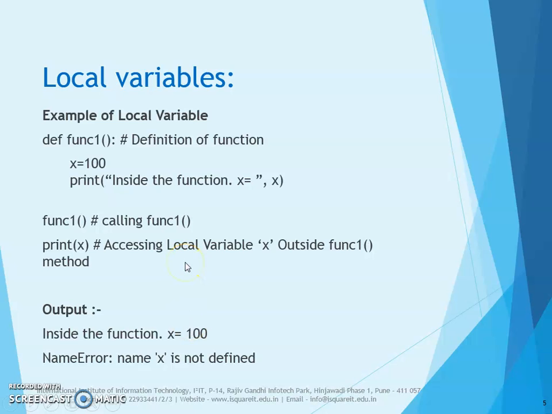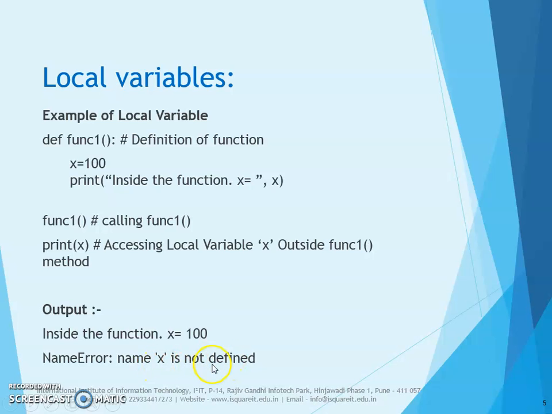Now we'll see one more example. Here again the same type of function is written, the same function we used in the previous case. That is x is equal to 100 and print inside the function x is equal to so and so. Now here we are calling the function the same way we did in the last example. Now we are again trying to print this x value. If we try to execute it, it will give us an error here. NameError, that is, x is not defined.